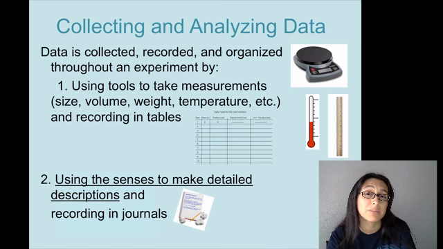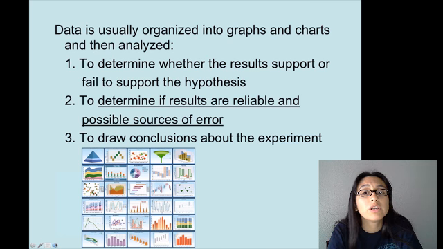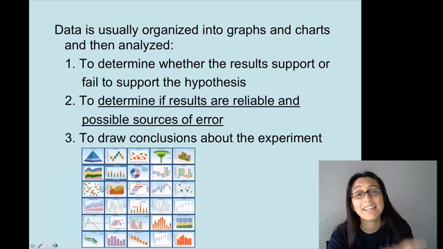All right. Also, going along with collecting and analyzing data, you're going to take your data, usually you collect it as numbers and tables and stuff like that, but if you really, really want to see trends, if you want to see what's happening in your experiment, you take that data and you put it into graphs and charts. So the graphs and charts make it really clear to see if your hypothesis is supported or rejected.